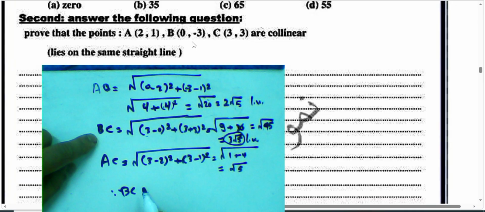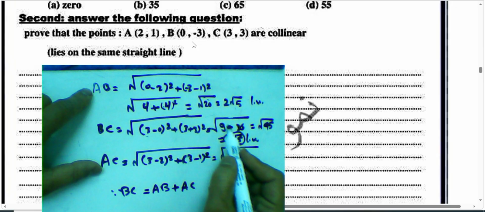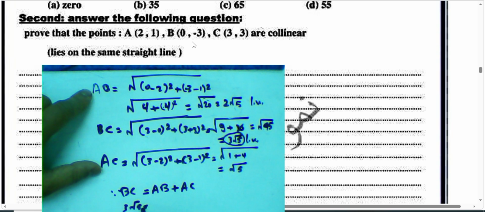The length of the greatest side BC is equivalent to AB plus AC. Here 3 root 5 is equivalent to 2 root 5 plus root 5.